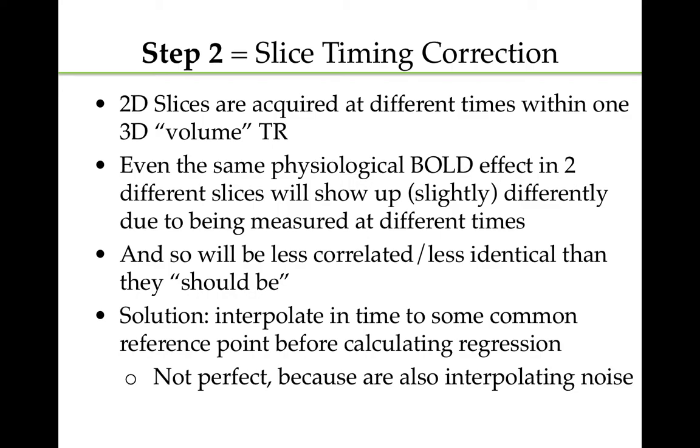So one solution, the most common in FMRI, is to interpolate through time to some common reference point before calculating the regression. This is not perfect because, of course, we're also interpolating noise, not just the bold signal. But it is the most commonly adopted solution because there's not a very obvious other good solution.